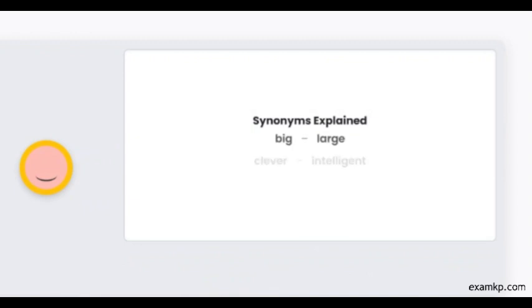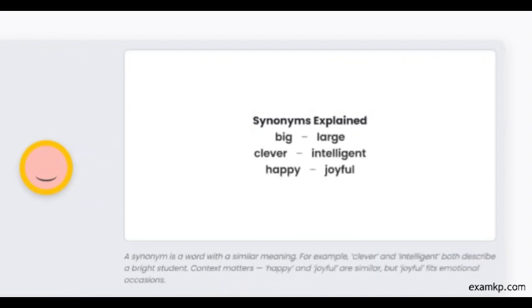A synonym is simply a word that shares a similar meaning with another. For example, imagine your teacher says, Chidi is a clever boy. You could also say, Chidi is an intelligent boy. Both words, clever and intelligent, mean almost the same thing.